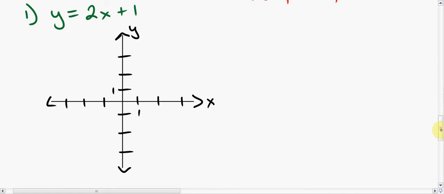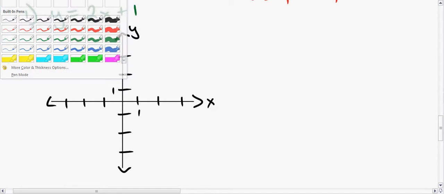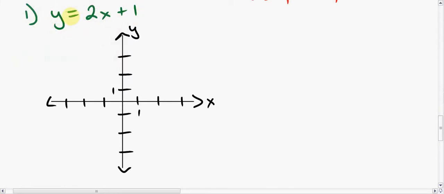All right, so we've got our first problem here. It's y equals 2x plus 1. Our goal is going to be to graph this, and we are going to graph the parent function. So let's first start out by graphing this line. We're going to look at our y-intercept, and we can see our y-intercept is 1, so I'm going to plot the point at 1, and then from my y-intercept I'm going to move according to what my slope tells me, and my slope is 2, which is the same thing as 2 over 1, so it tells me to go up 2, because it's positive, so up 2 and right 1.